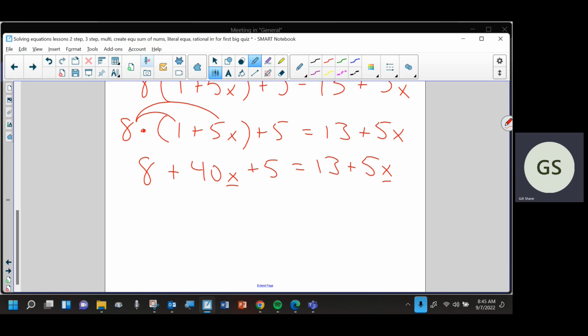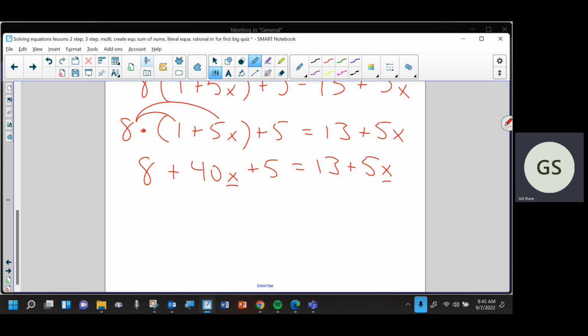What you need to think about is getting rid of the variables on one side. What's our goal when we're solving? We want to get the variable by itself, right? How can we get it by itself if we have variables on both sides? We need to have all the variables on one side. So get rid of the variables on the right.